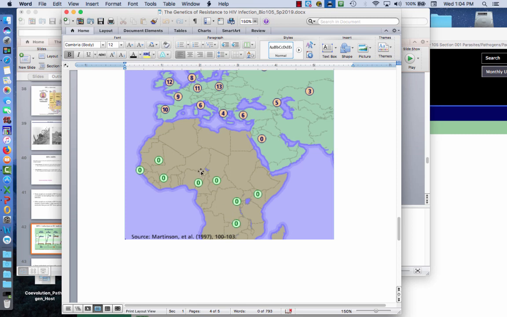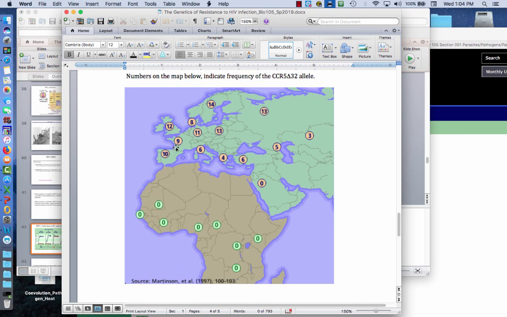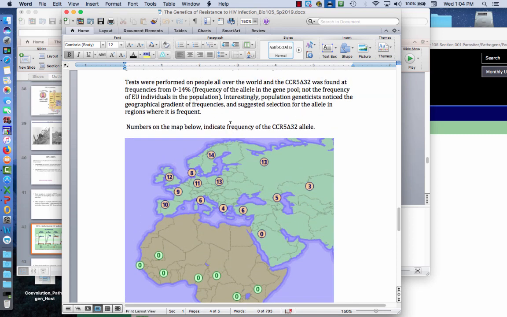There's no predominance in the population, really. There's hardly any existence at all of this deletion in the gene pool. Whereas if you look at a map of Europe, we see high instances in areas specifically affected by bubonic plague and smallpox.